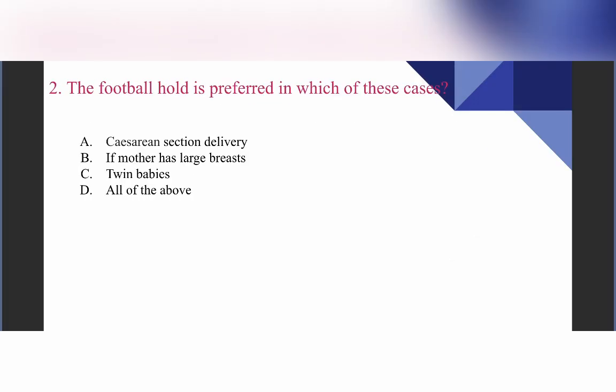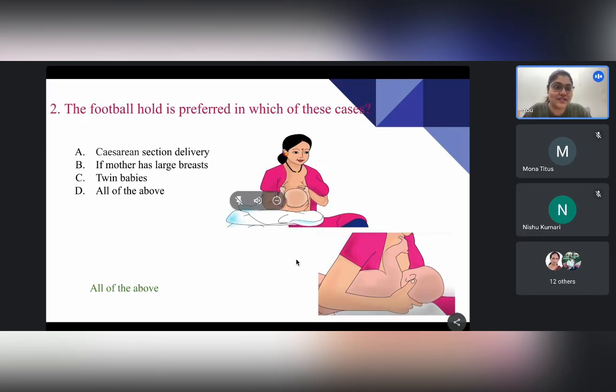Let's look at the image first. When we visualize it, we can understand the different indications for these techniques, the situations in which we can use them. If a mother has had a C-section delivery, it is easier for her to hold the baby.